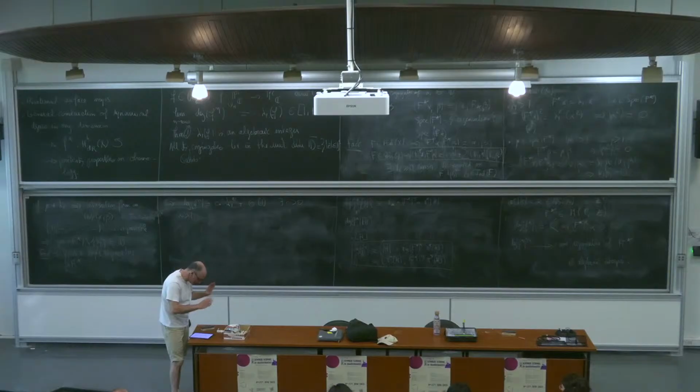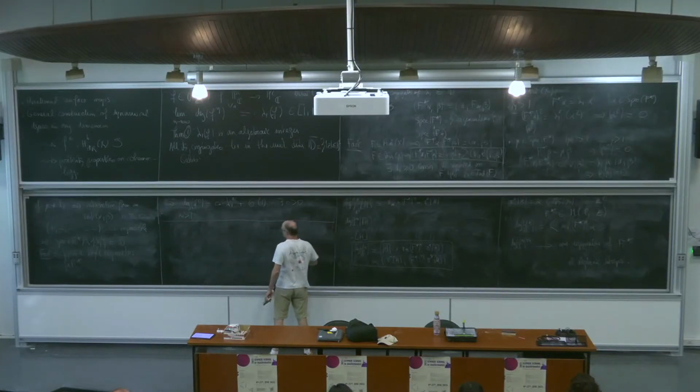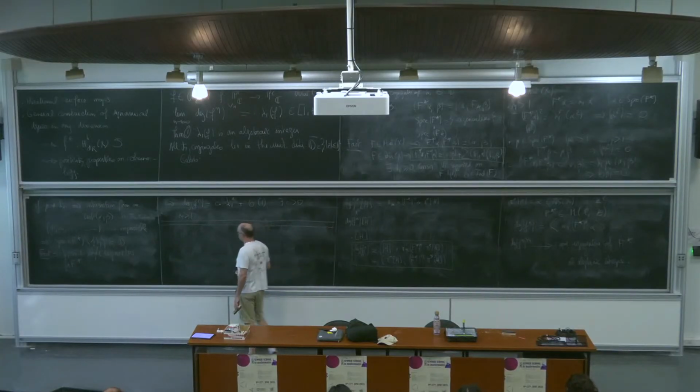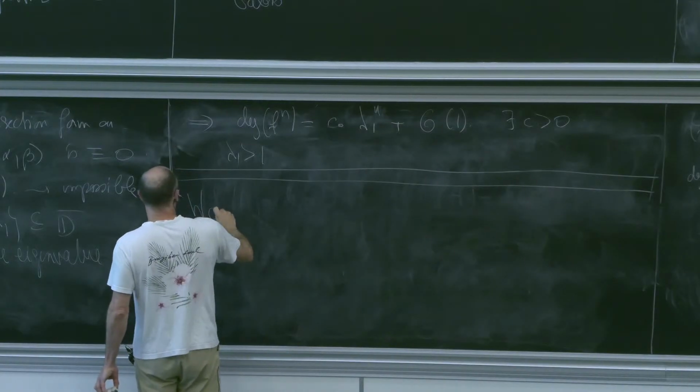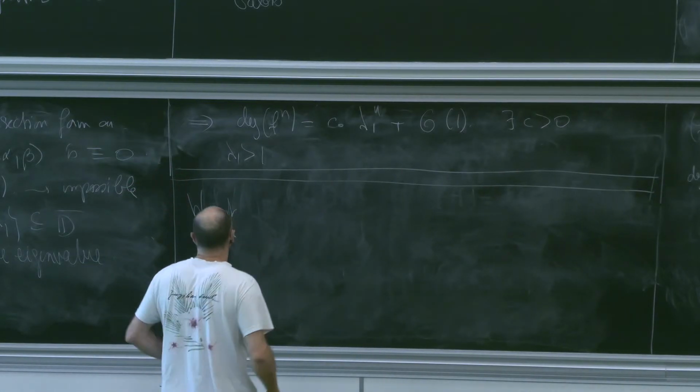So let me stop discussing the birational case and start giving an overview of the general theory. What I want now is to stop looking at specific examples.